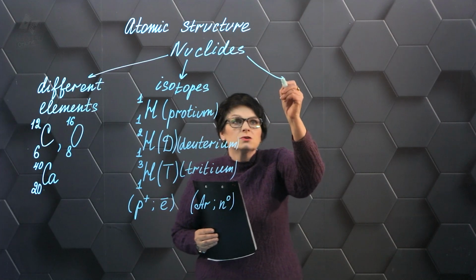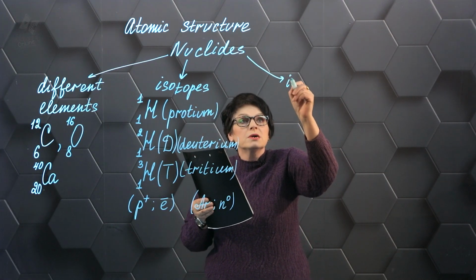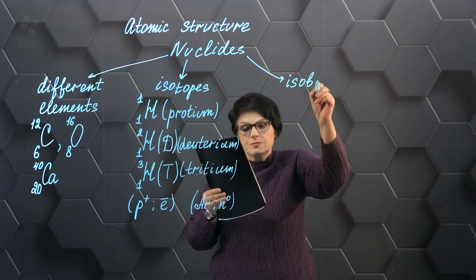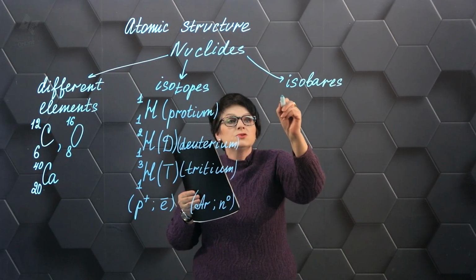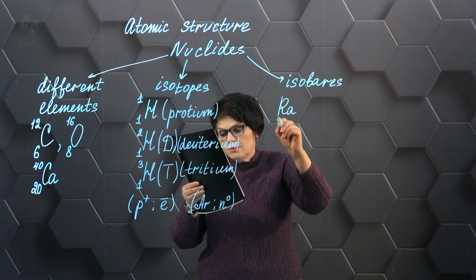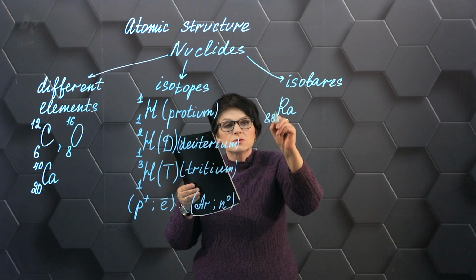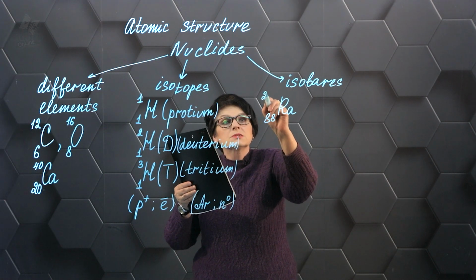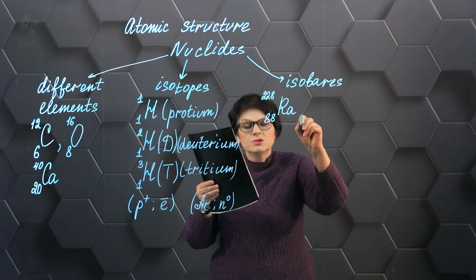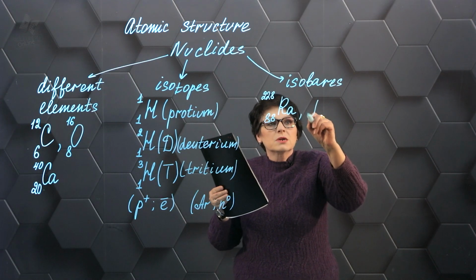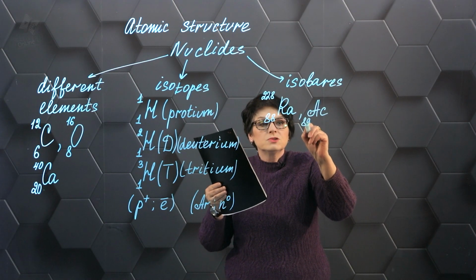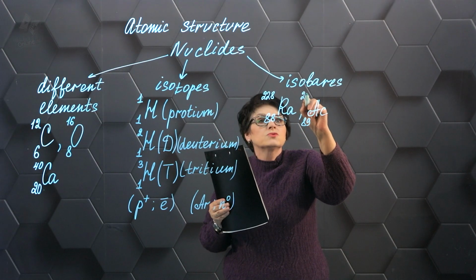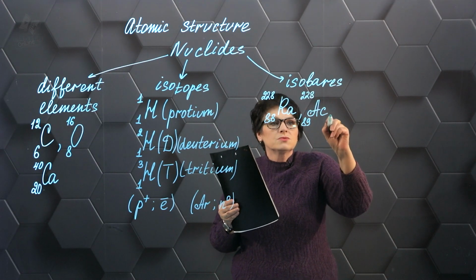Now there is another variety called isobars. What are isobars? Let us give the following example. This is the element radium, which has the number 88 and mass 288. Its isobar will be, for example, the element actinium, which has the number 89, but it also has the isotope 228.